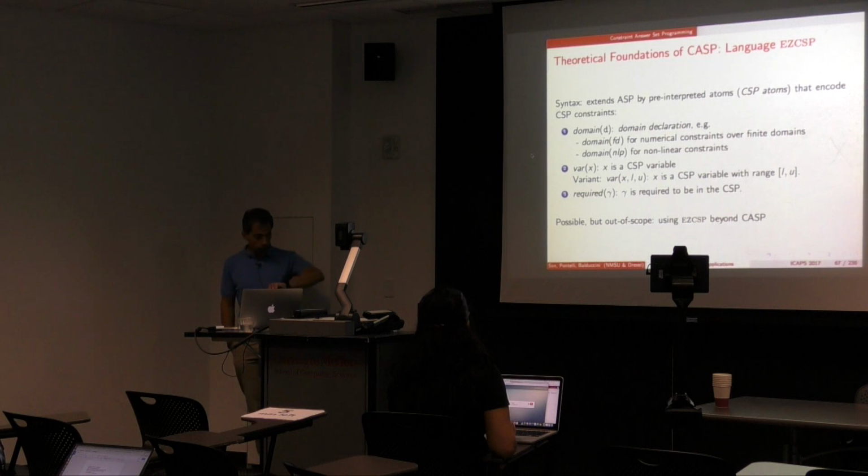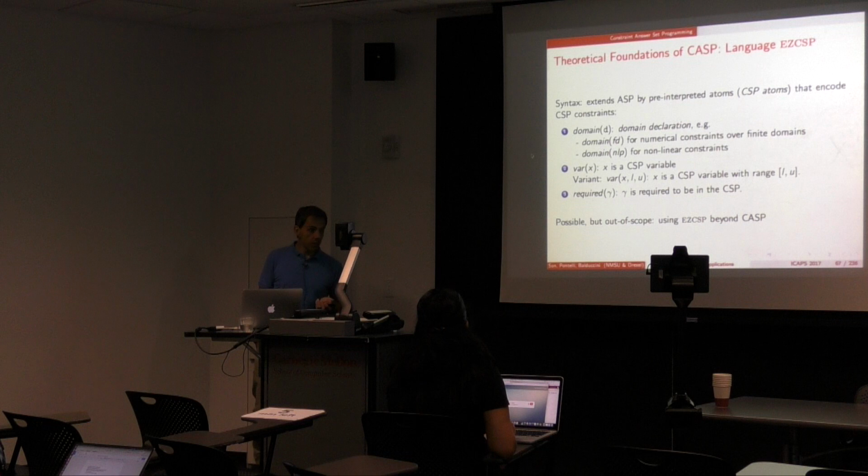So a little more specific still, from the perspective of the syntax. And by the way, here I'm going to cover one of the variants of CASP. We don't really have a standard yet. We're getting close to a convergence, but no standard. But essentially all you're going to see here is easily transferable to the other flavors of CASP.